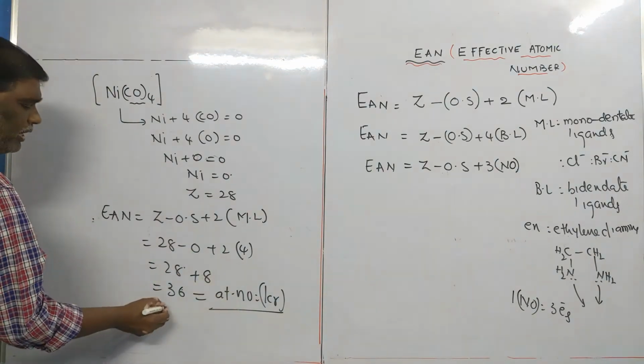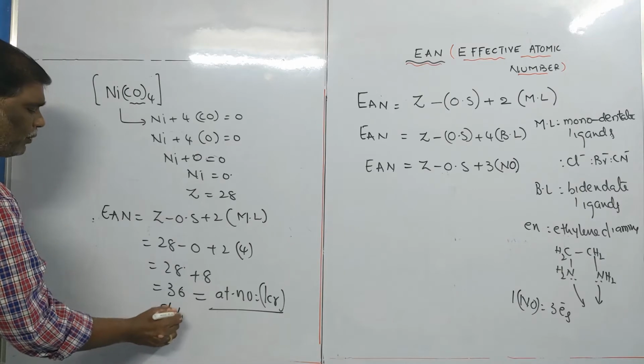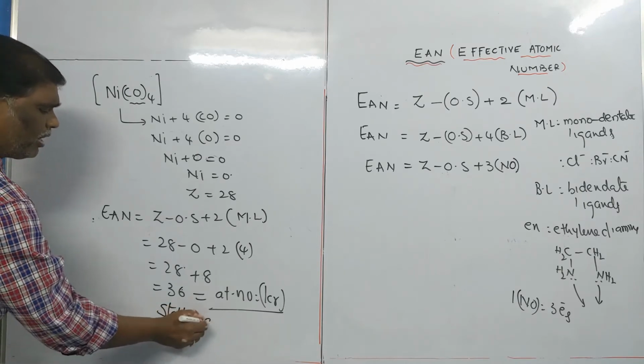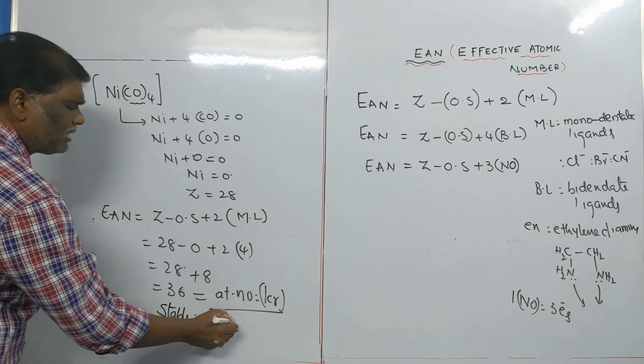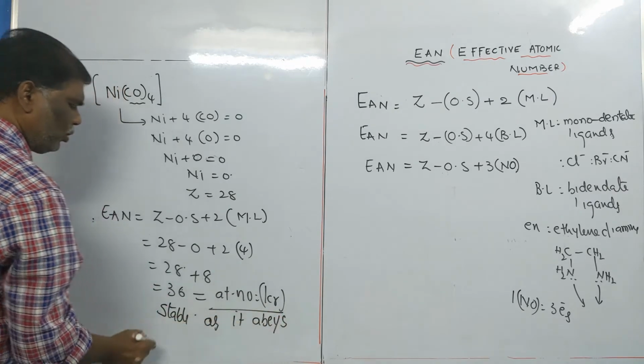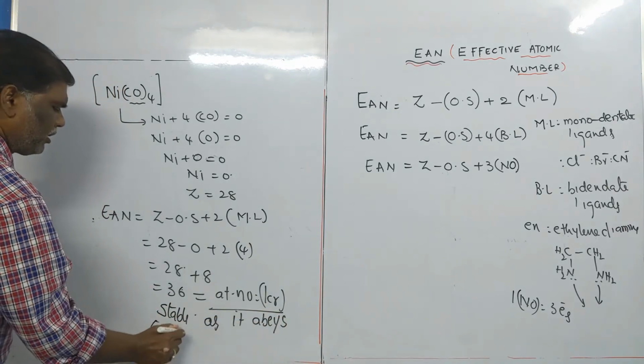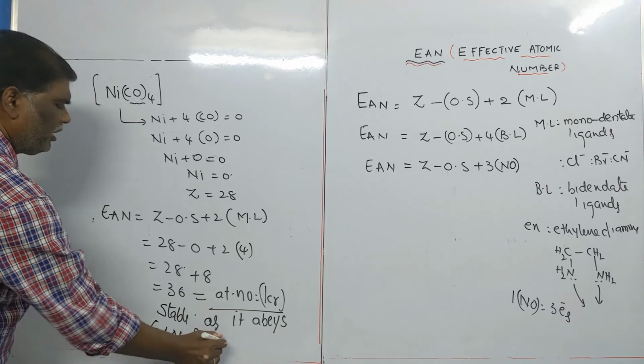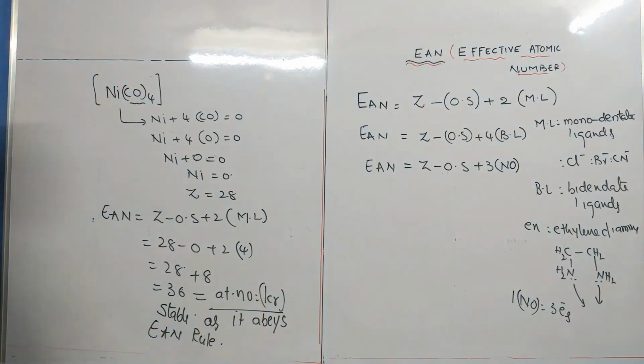That's why this compound is stable, as it obeys the EAN rule. This is the method to calculate EAN.